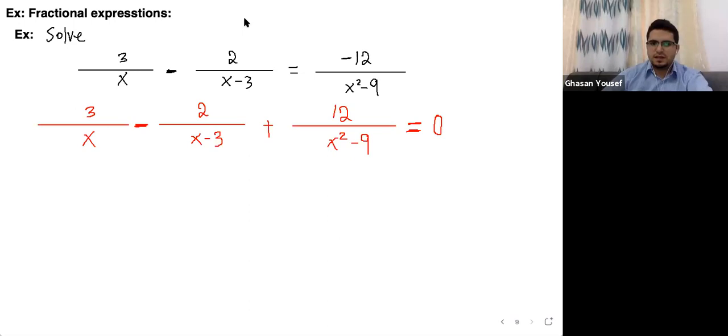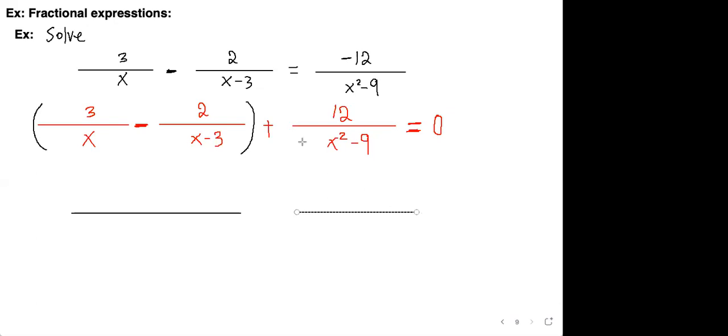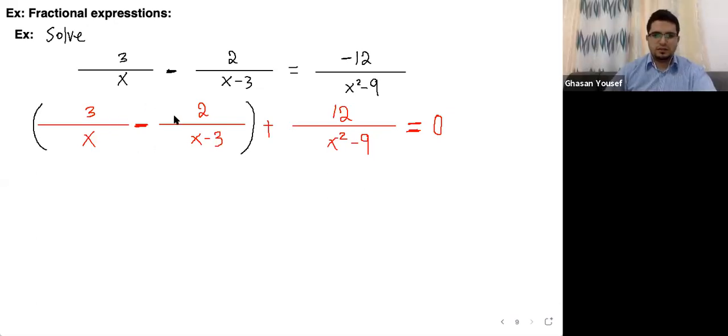Now to solve this, I prefer when you have 3 fractions, just combine these 2 fractions, and the answer of this one combine it with the other fraction. So to combine this fraction, because I want to get one fraction only, like this, plus fraction, I prefer to use the least common denominator, or you can use cross multiply.